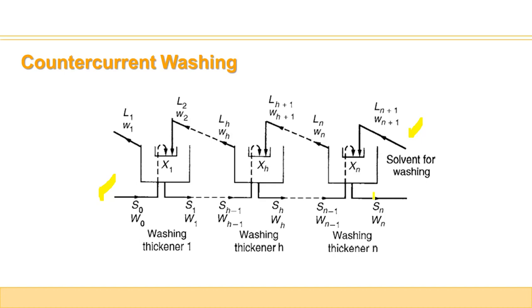So before we go to the sample problems on countercurrent washing or leaching, determining the number of washings or the number of stages, we need to identify first what Coulson represents with the following letters that you can see. Your solvent washings are written on top of our illustration, withdrawn on top of our equipment, and the feed, the same thing with the slurry, the solids, are written here at the bottom.